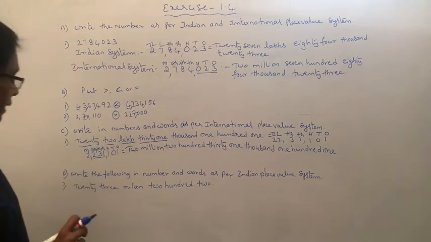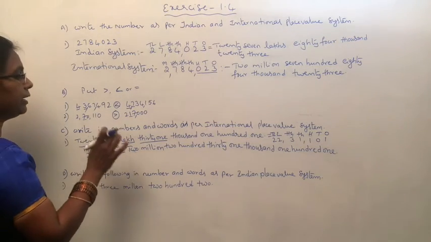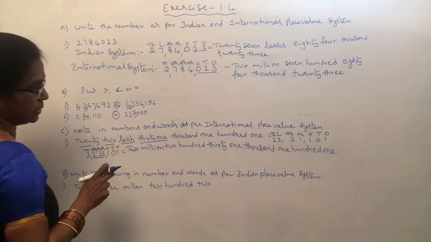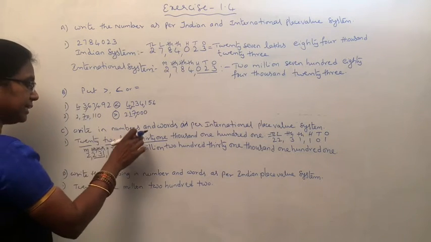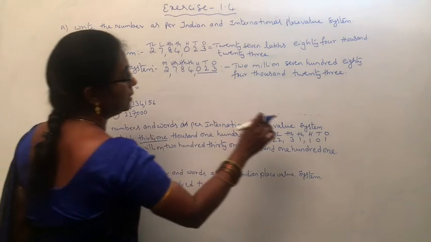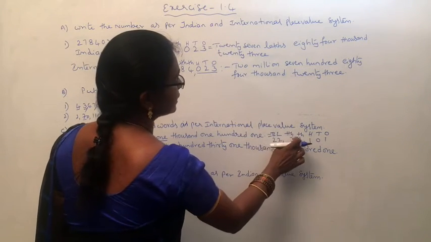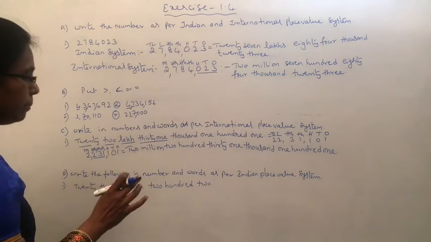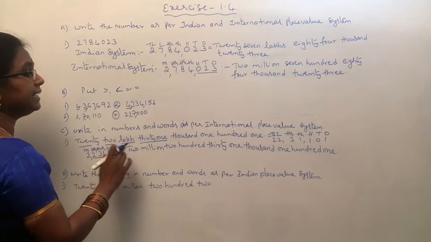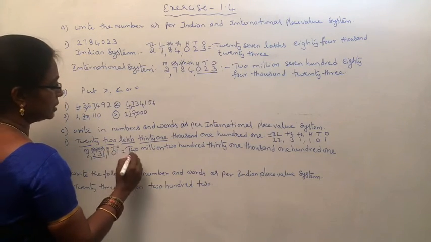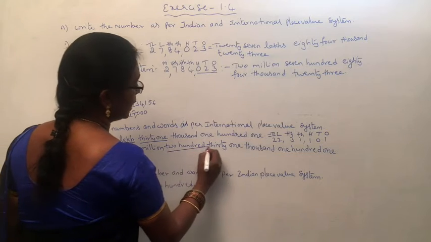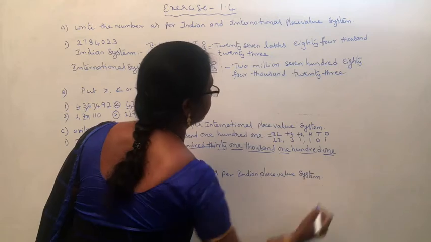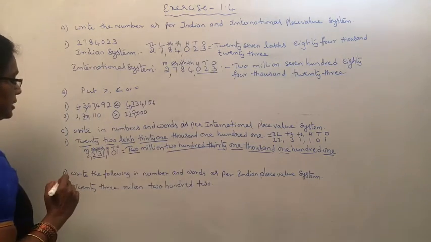Now in the third bit, what is given? They have given the number name in Indian system. Then we have to write that Indian system number, 22,31,101, in number. That number again you have to write in international system. How much is that? 2,231,101. That is in international system.